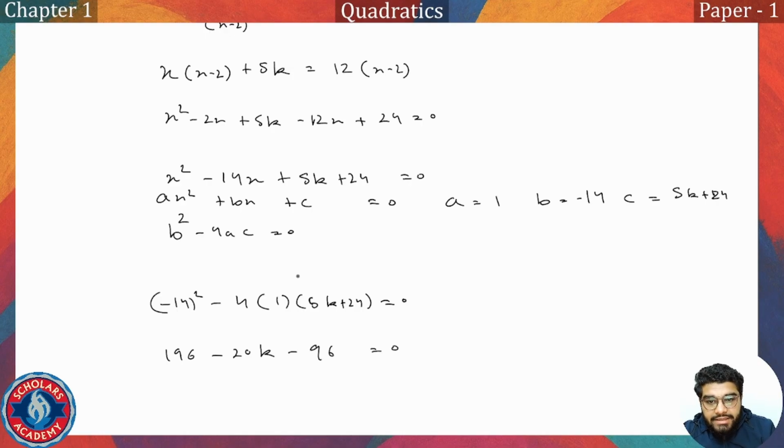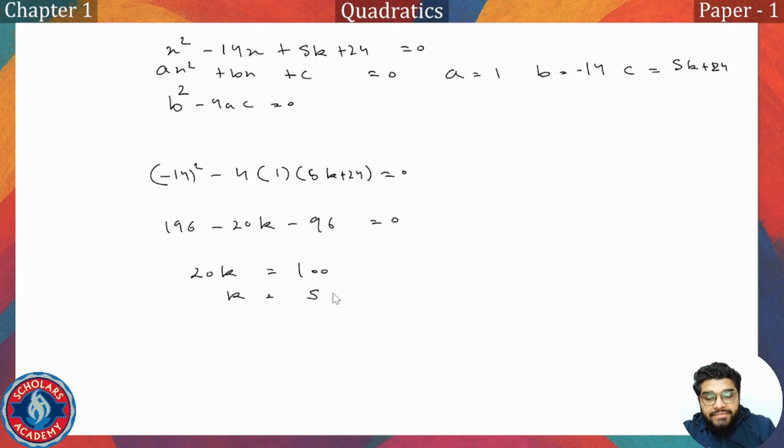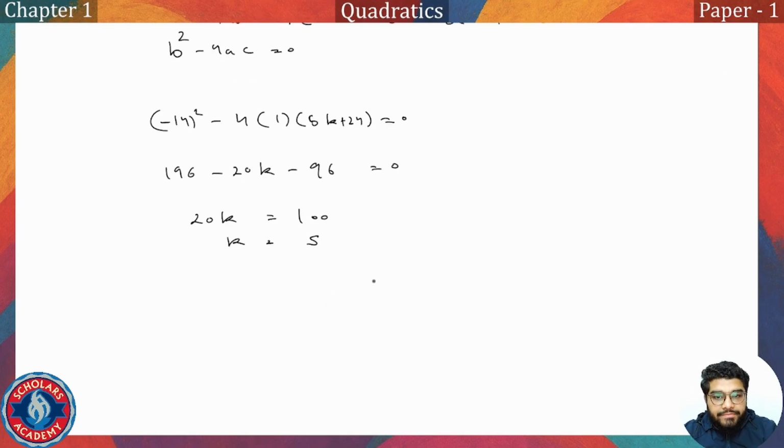So we simplify it, we get 20k is equal to 100, k is equal to 5. So this is the value of k for which the given line will be tangent to the given curve. I hope it is clear.